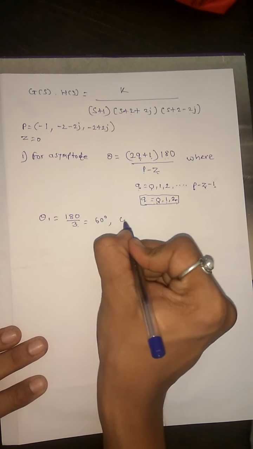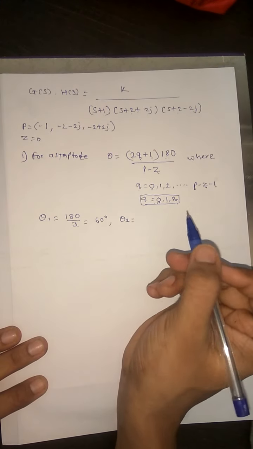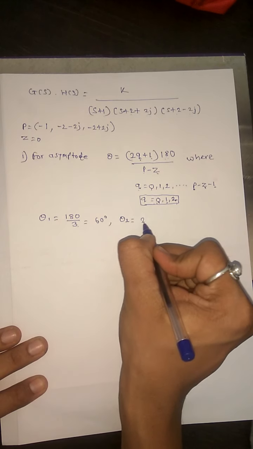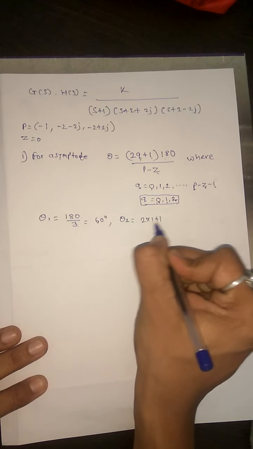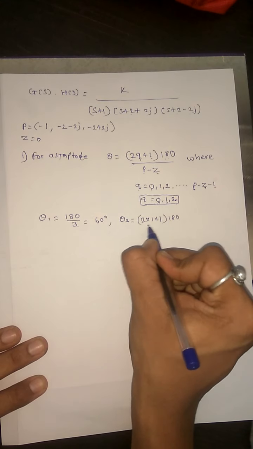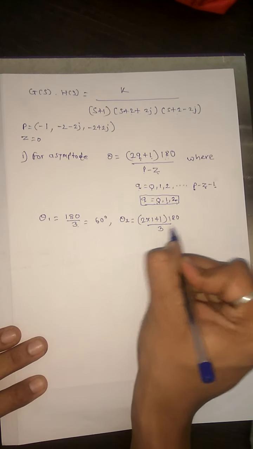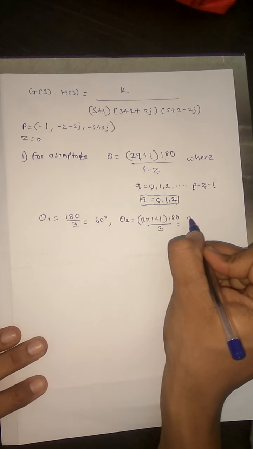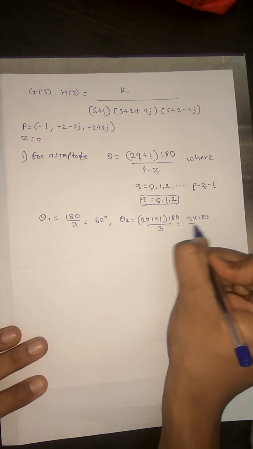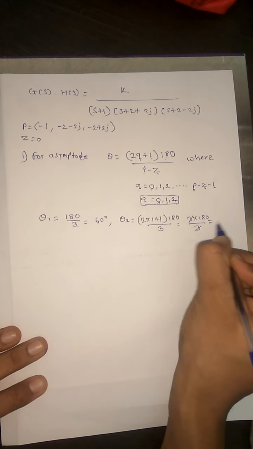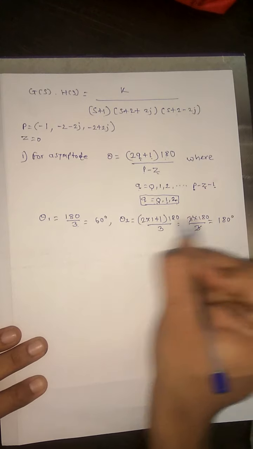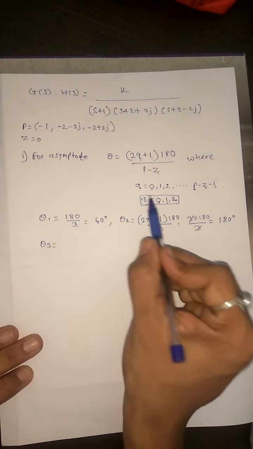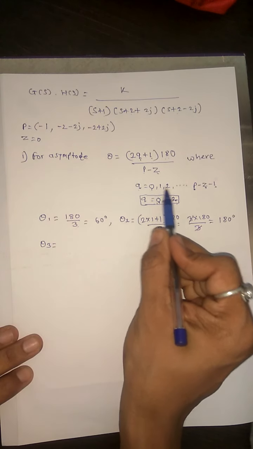Now theta 2. For theta 2 put q equal to 1, so it will be (2 into 1 plus 1) into 180 divided by p minus z, that is 3. So 2 plus 1 is 3, 3 into 180 divided by 3, the 3s get cancelled, so it becomes 180 degrees. Theta 2 is 180. And last one, theta 3, because we have three values of q: 0, 1, 2.